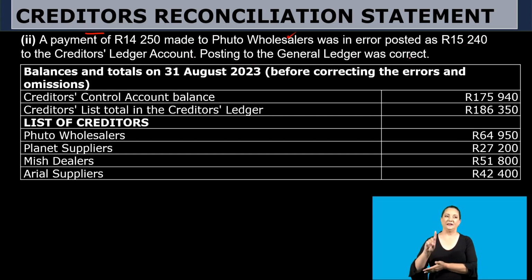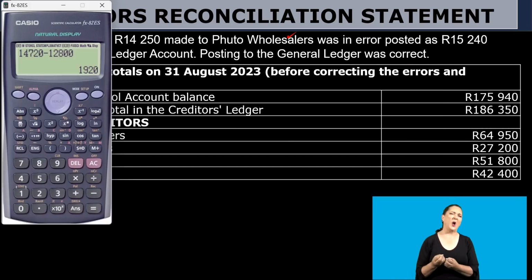So it is a payment which was overstated. So let's see by how much. We'll now say 15,240 minus 14,250. So that payment was overstated by 990.